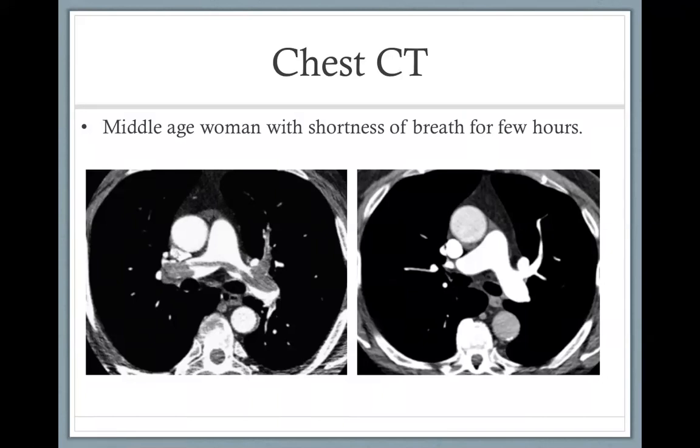Usually they develop in the lower extremities, in people after travel or who have been bedridden for a while. And then they go through the venous circulation into the right side of the heart and into the pulmonary artery.